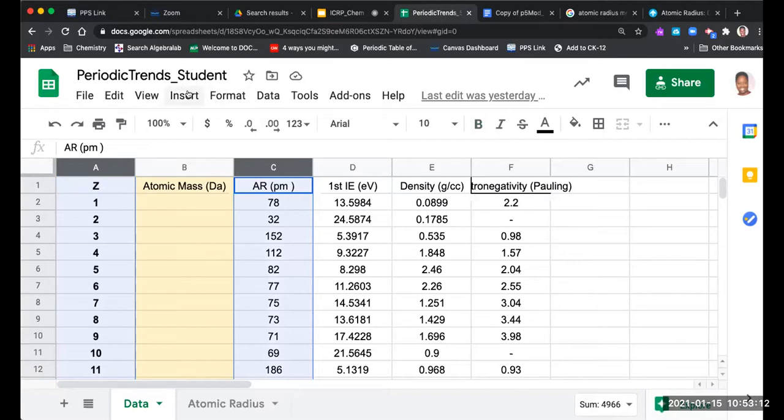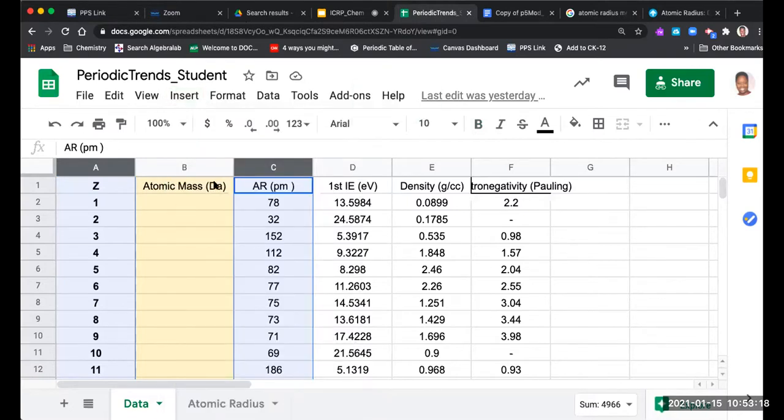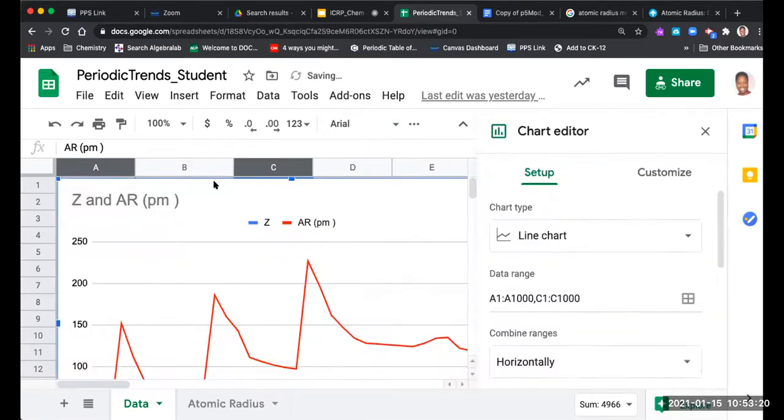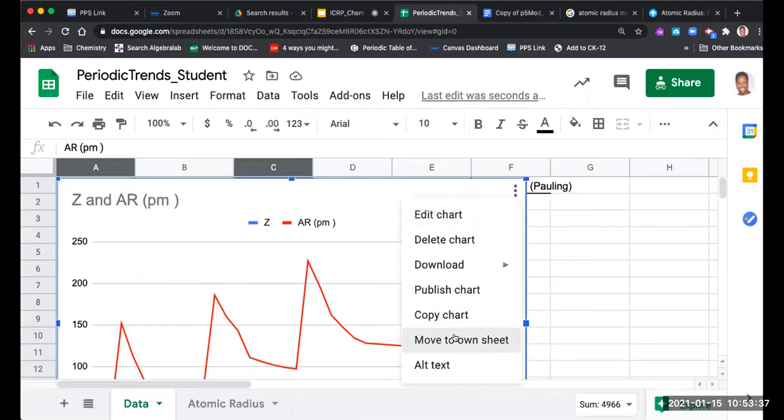Then we're going to insert a chart. So insert chart, and it is going to create a graph that allows you to see the patterns of atomic radius and atomic number. Once you see it, click the 3 vertical dots and move it to its own sheet.